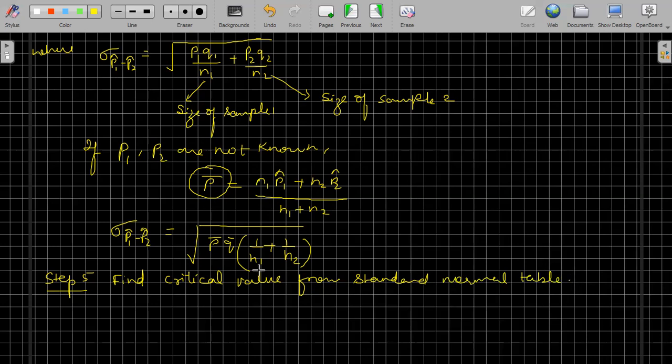You know that this value, critical value, depends upon the level of significance and the type of the test, whether it is two-tailed or one-tailed. And together with finding the critical value, we also draw critical and acceptance region.